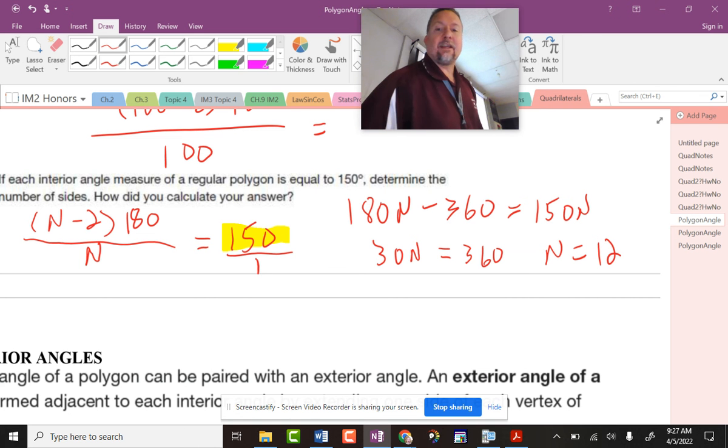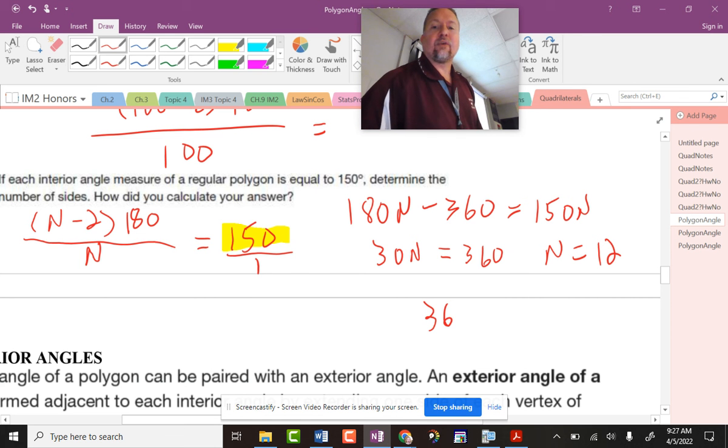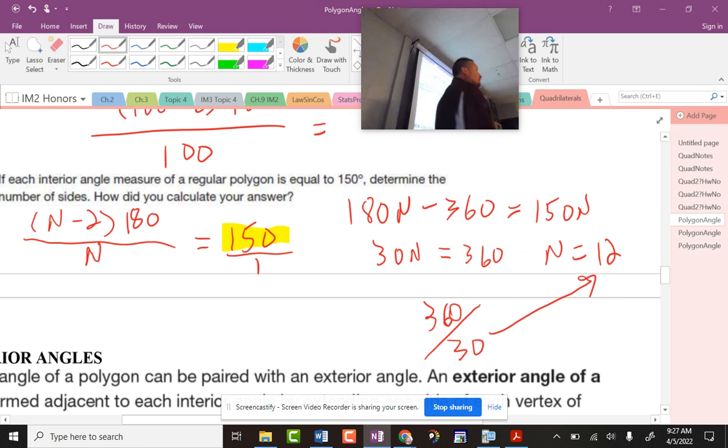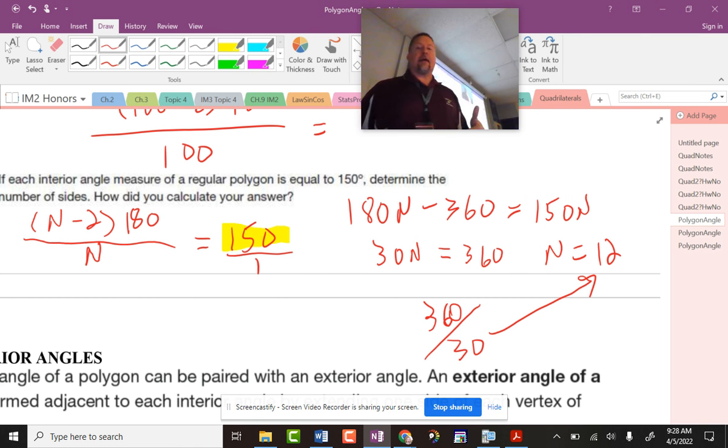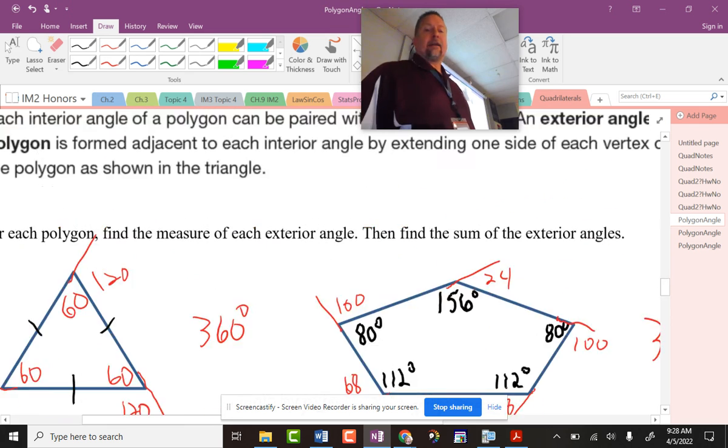So really you could get the same answer with 360 divided by 30, which is equal to 12. So that's what I tell my honors students. Hey, if they give you an interior angle, find the corresponding exterior angle's measure, and then just take 360 divided by that. I said that wrong. Okay, I wanted to reverse that mathematically.